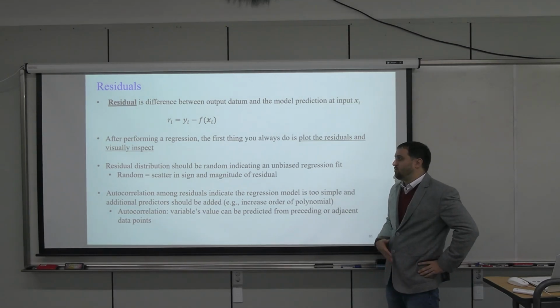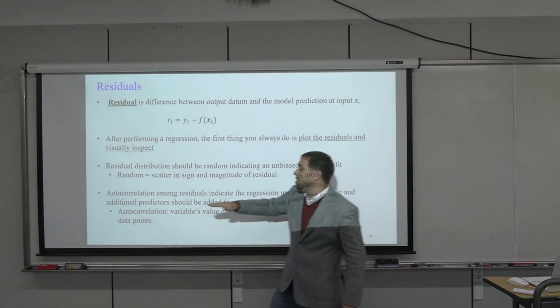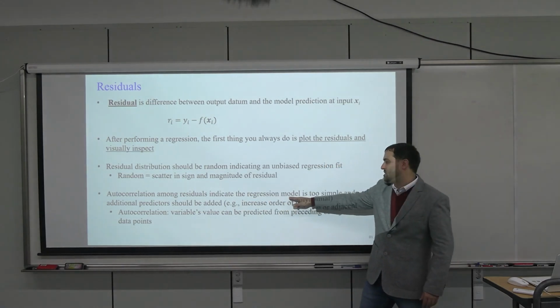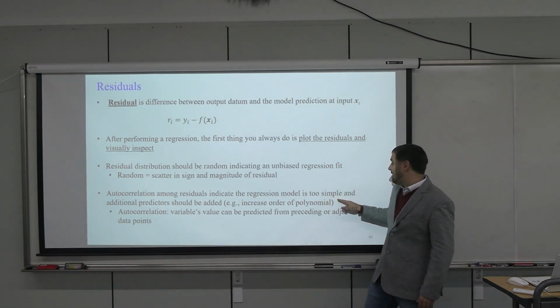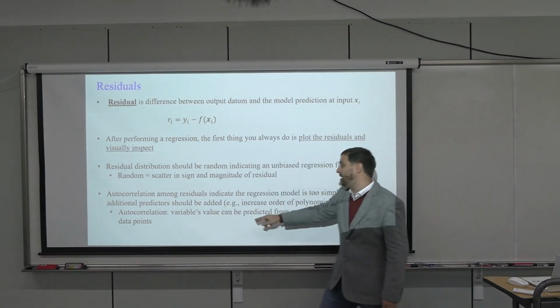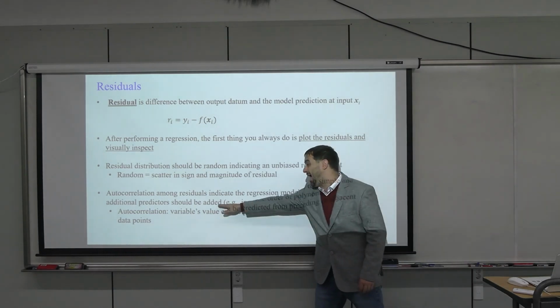And what's really powerful about residual analysis is that you can usually quickly see something called autocorrelation. And so autocorrelation among the residuals indicates the regression model is too simple, and additional predictors or regression functions should be added.